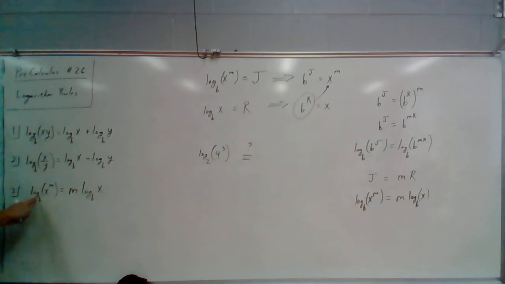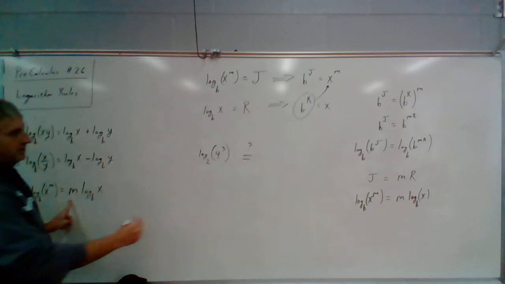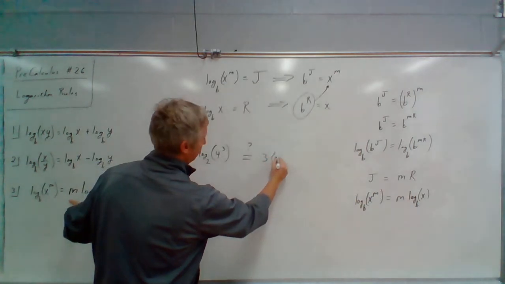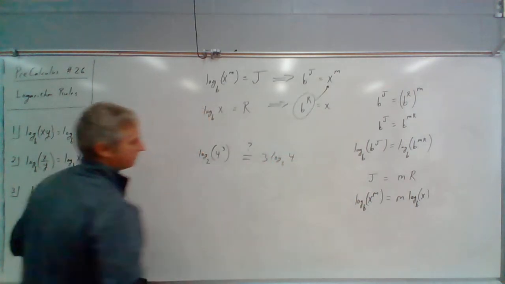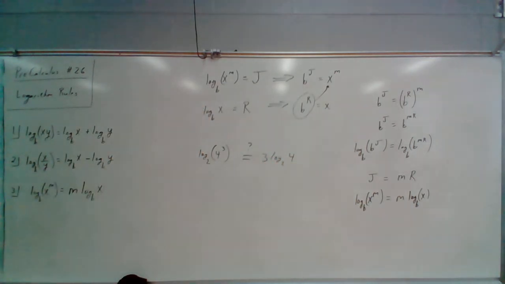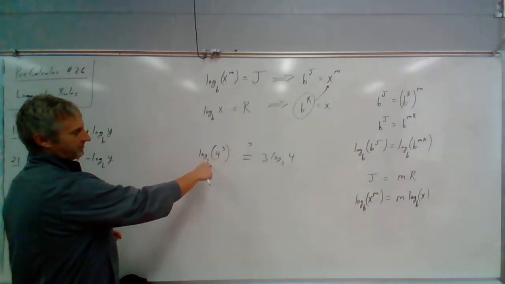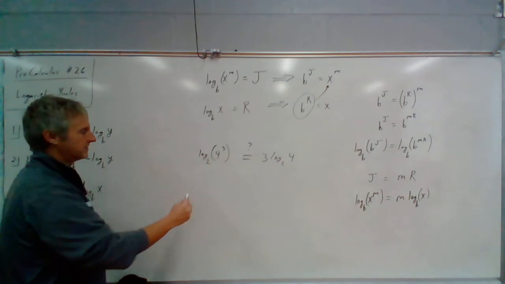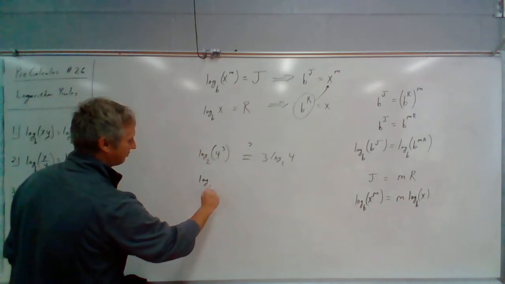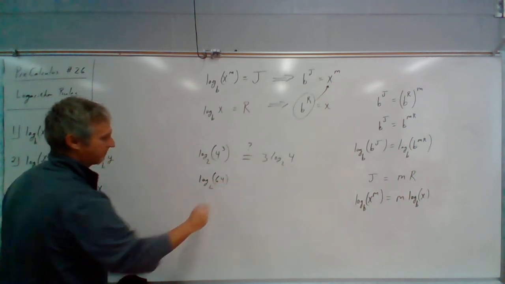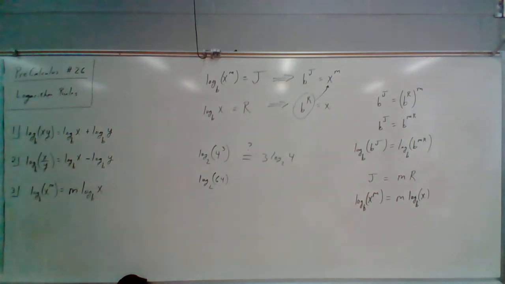So this says that if I have log base 2 of 4 to the third, that should equal 3 times log base 2 of 4. That 3 should come down to the front. Let's check and see if that really works. Here I have log base 2 of 4 to the third. 4 to the third is 64. So that's log base 2 of 64. 4 times 4 times 4 is 64.